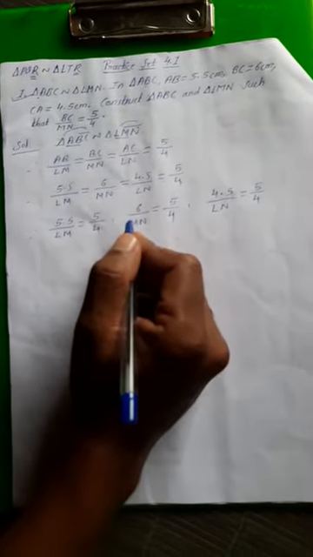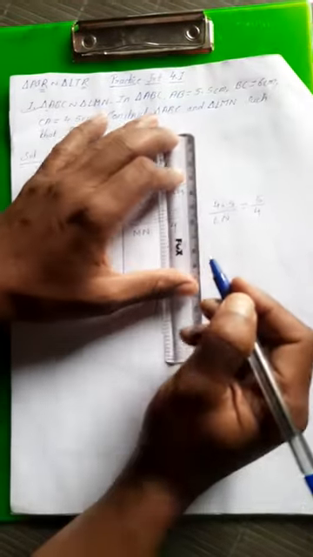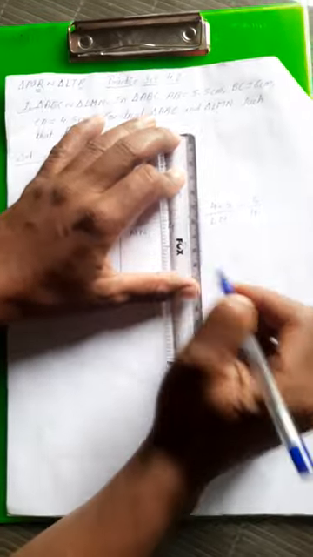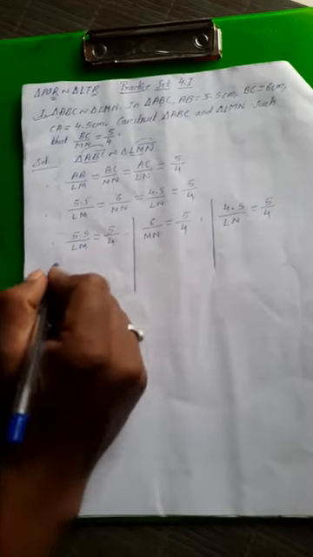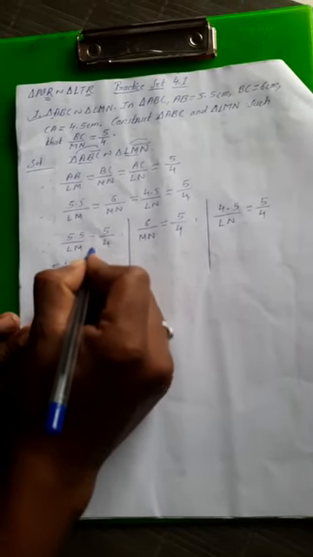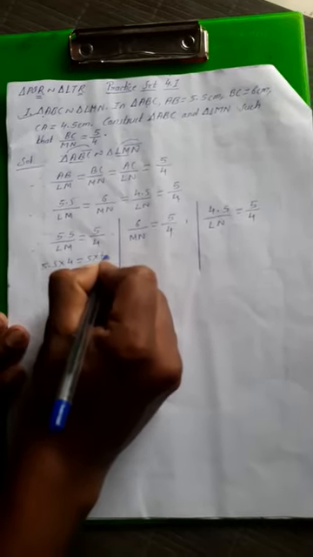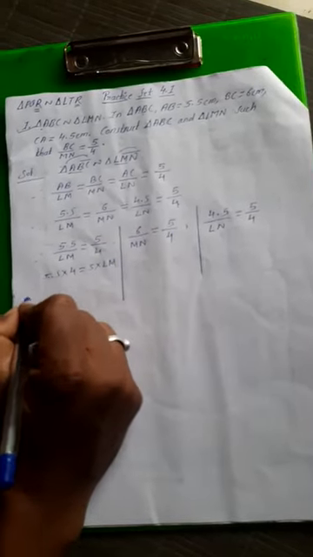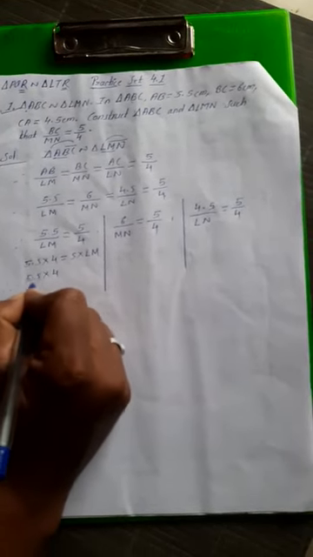Now we will take cross multiplication. Before that I will just draw one line here so that we can easily solve it. 5.5 into 4 is equal to 5 into LM. Therefore, if you take this 5 to the other side, it will come to the denominator.